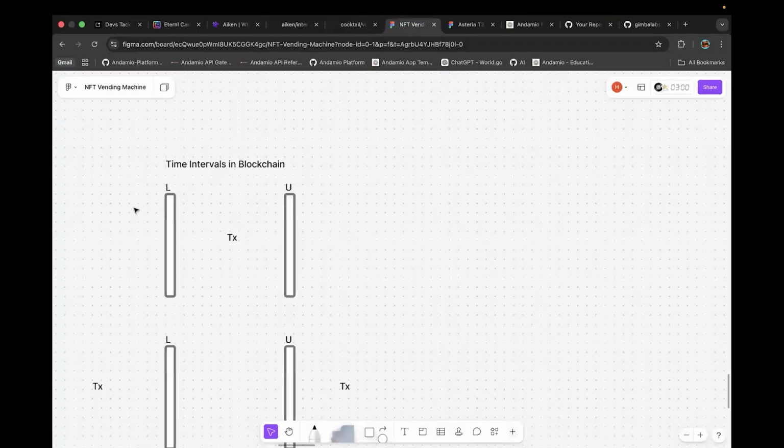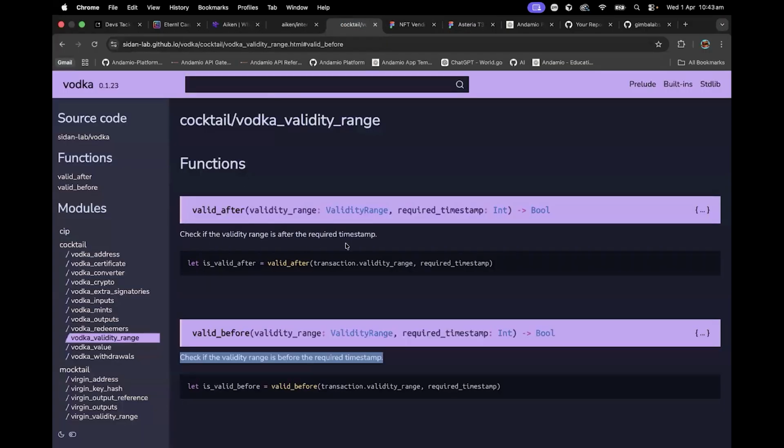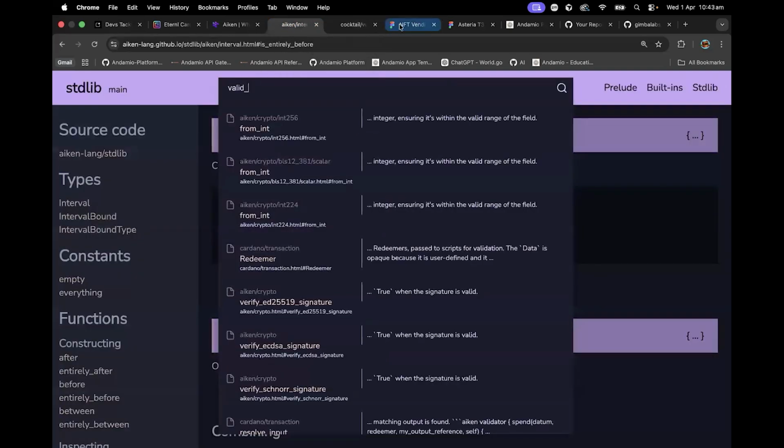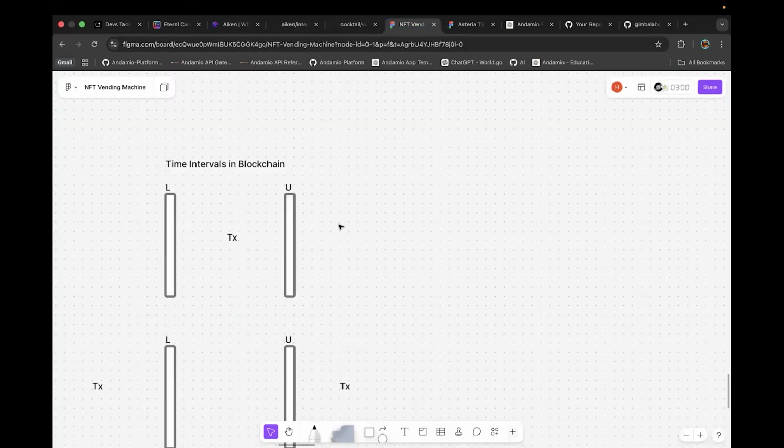Say this is the validity range, lower bound, upper bound, and everything in between is the validity range. When they say check if the validity range is after the timestamp, are they saying the time is here in this part? Okay, I'm going to put time there.